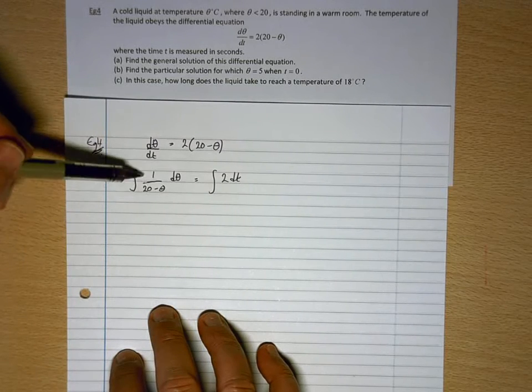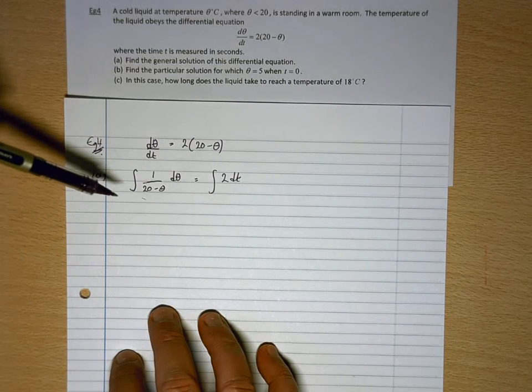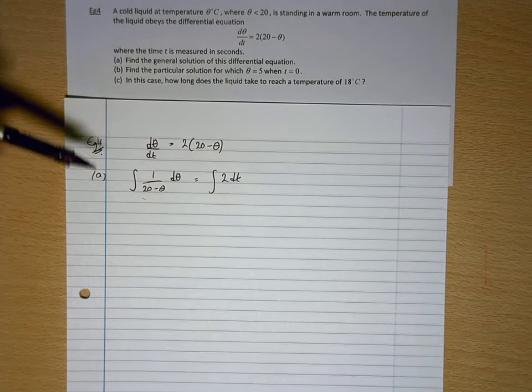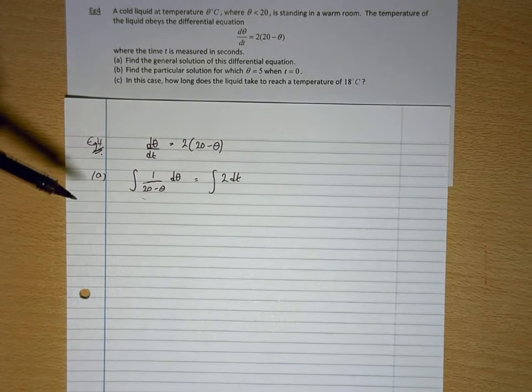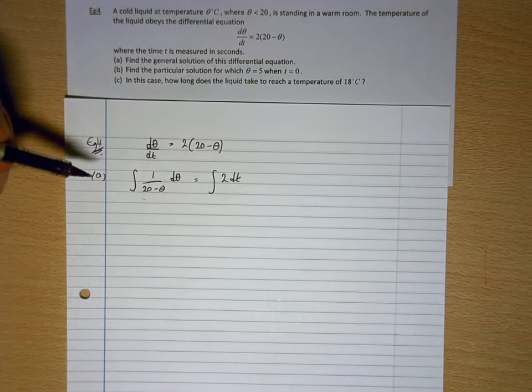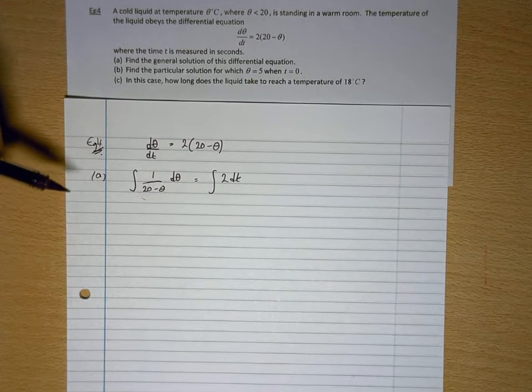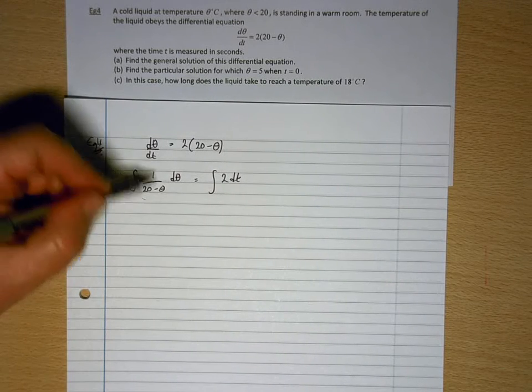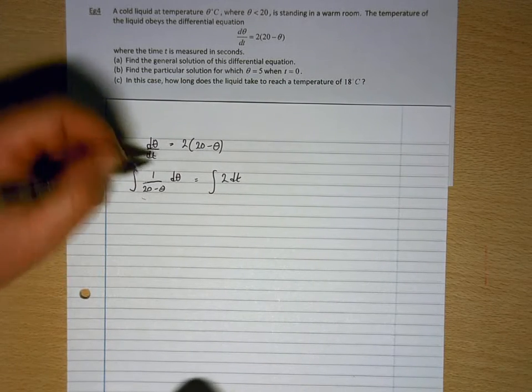Now this is an integral that you could recognize from the reverse chain rule, but in case you don't, I'm going to use the substitution method in order to integrate that side. So I'm going to do that first.